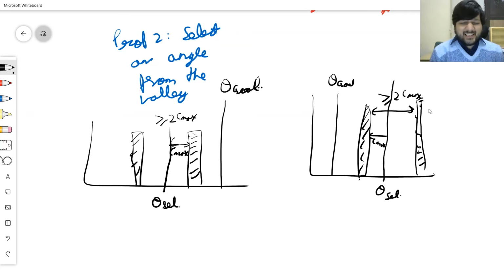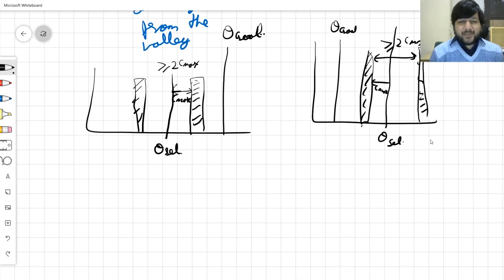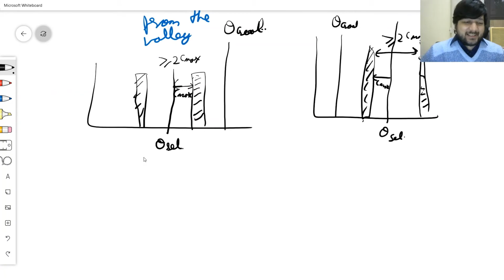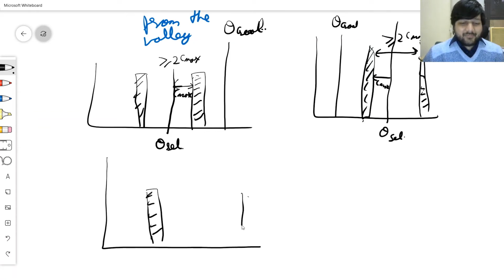There are other cases as well. So this was the case with wide valleys. Let's take the cases of narrow valleys. In fact, let's take another case of wide valley. So that's a wide valley, and I say this is theta goal, and this is greater than or equal to Cmax, and this is greater than or equal to Cmax.